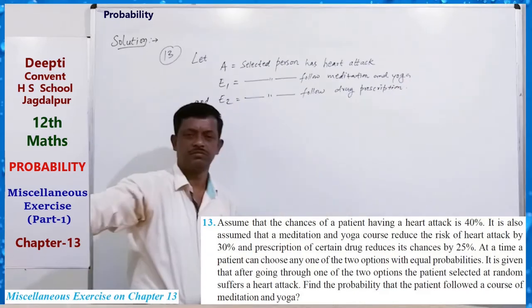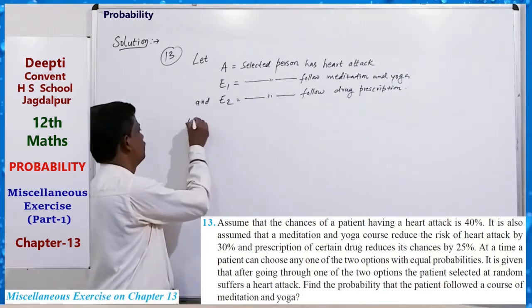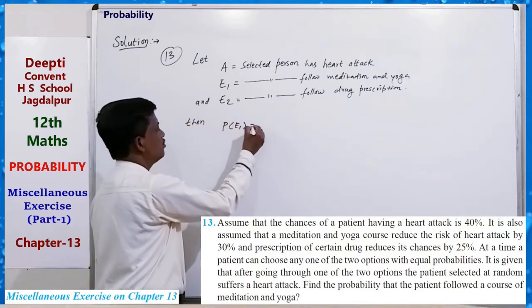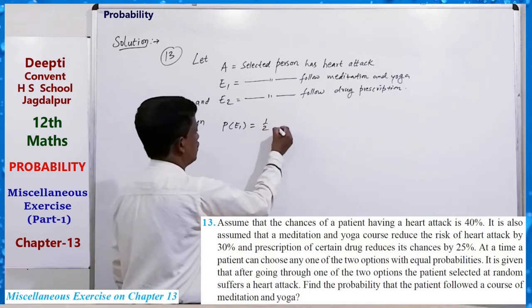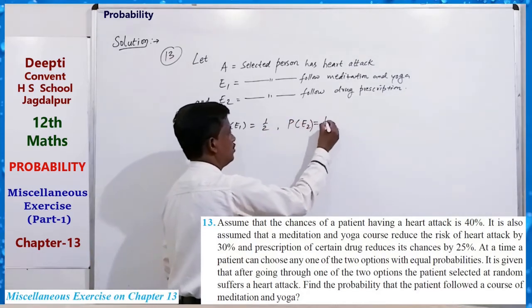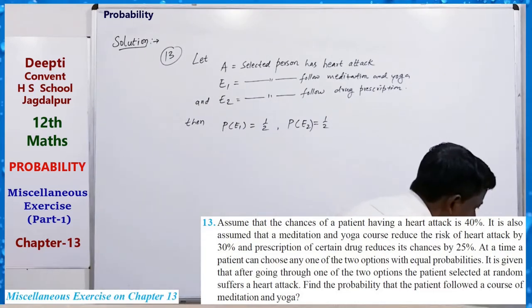We denote these three events. Then P(E1) equals half, and P(E2) equals half. Why? Because equal possibility is there.